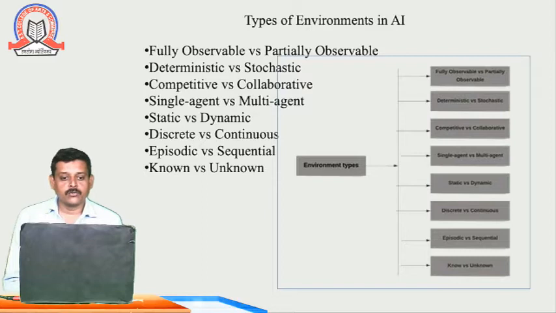The basic types are fully observable or partially observable, deterministic versus stochastic, competitive versus collaborative, single agent environment, multi-agent environment, static environment, dynamic environment, discrete environment or continuous environment, then episodic environment and sequential environment, as well as known versus unknown environments. So let's discuss these environments.